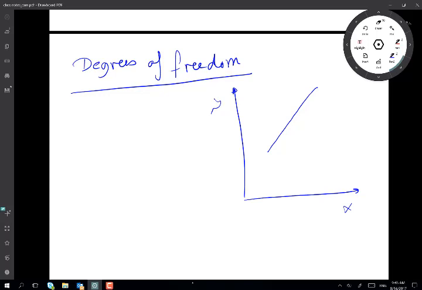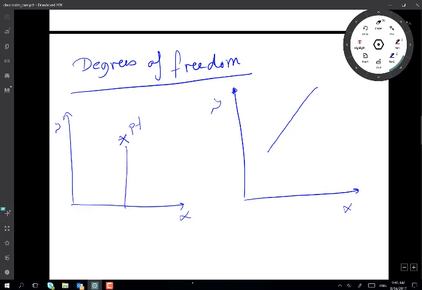How many degrees of freedom does a point in a plane have? A point can move up and down to any value of y, and can move sideways to any value of x. So it has 2 degrees of freedom, being x and y.